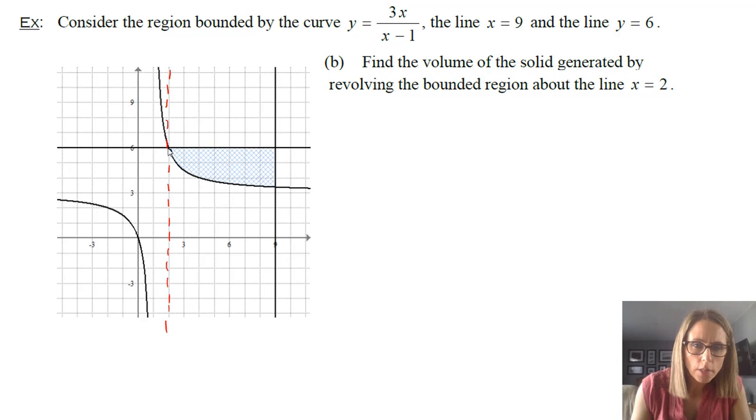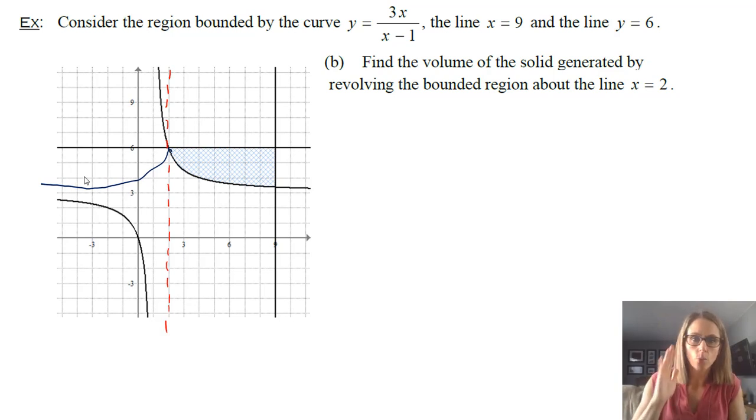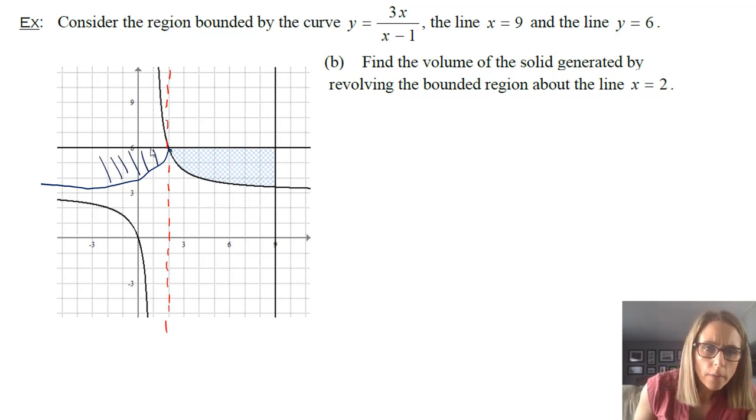The reflection's going to look like this. It's just going to start and go down, and that's going to happen right at x equals 2. So now we have something like this, and it looks like 2 to 9 is 7. So 1, 2, 3, 4, 5, 6, 7. So it would end right here.